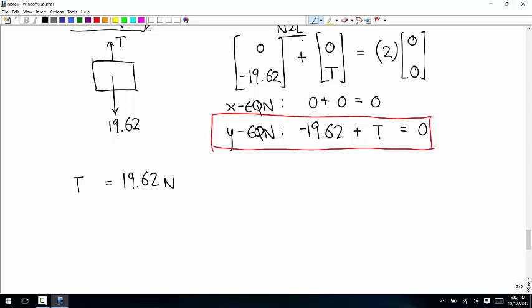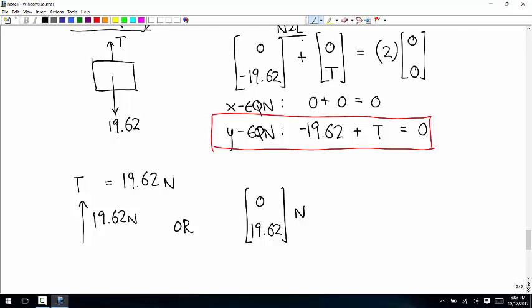So the force that the cable applies to that box, is it 19.62 up or down or left or right? It's up. And we know that because we already drew it in the free body diagram. So the force vector you can think of like this. Or you can plug that value for T into the force vector from Newton's second law, and that gives you 0, 19.62. And those agree that that force is up.